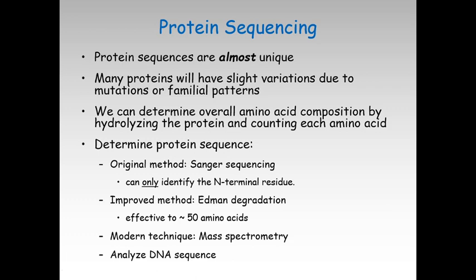Protein sequencing is a method that reveals the identity of a protein. Now, why is protein sequencing important? That is because protein sequences are almost unique. And after purifying your protein, if you need to identify and make sure that the protein that you have purified is indeed the protein that you want, a method of choice is protein sequencing.